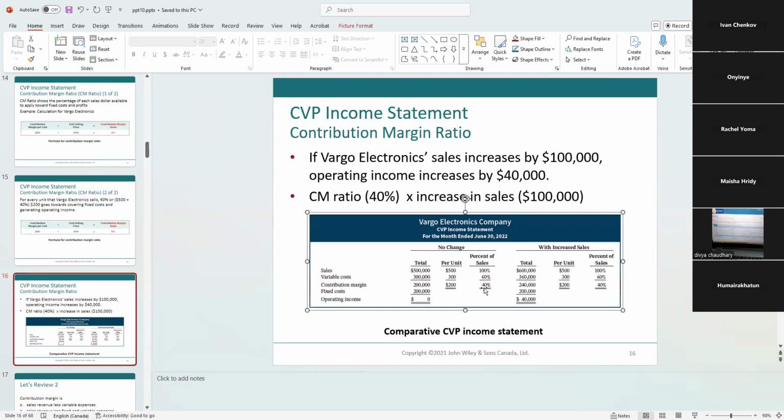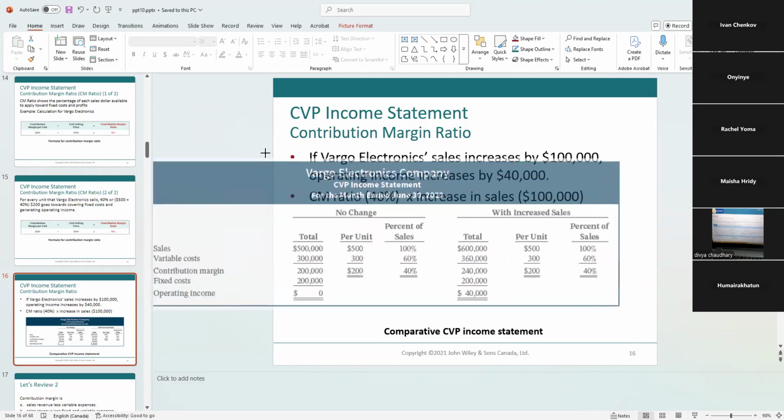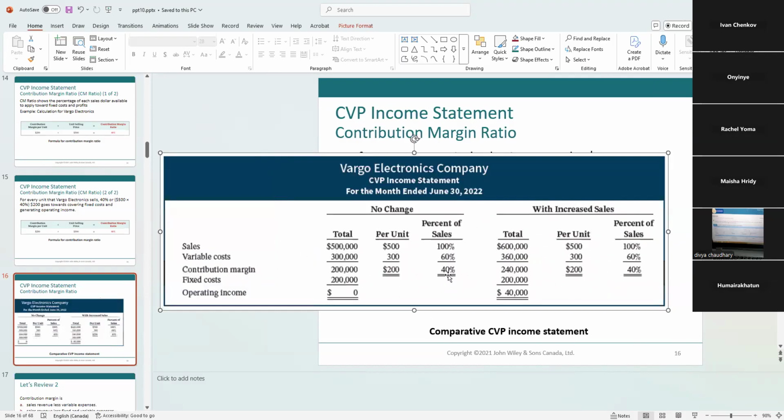Our percentage is 40. If my contribution margin is 40% for every dollar of sales, and I increase my sales by $100,000, how much am I going to get? $40,000. Why 40? Because that's 40%. That's why.